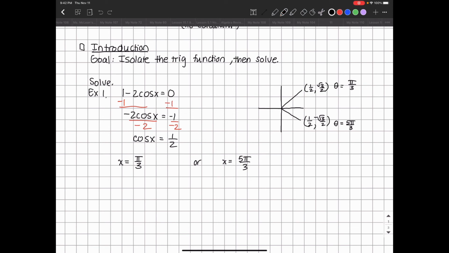So how I'm going to write my answer is pi/3 plus 2 pi times n, where n would be whatever number I want it to be. And then for the other one, I write the same thing, 2 pi n, and that includes all of the coterminal angles. Okay, 5 pi/3 is not a coterminal angle for pi/3.